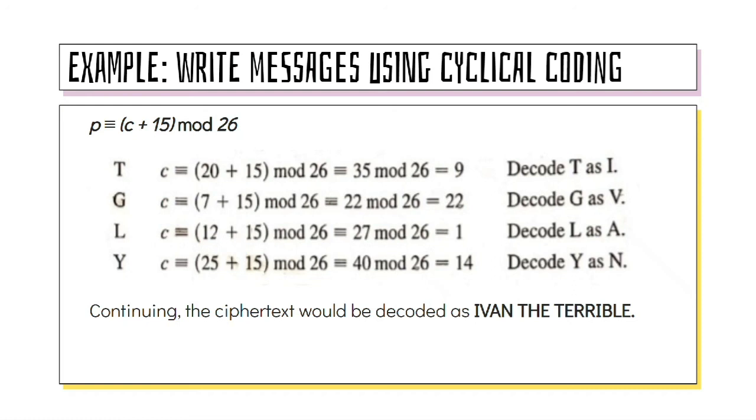Okay? So the process is the same for them, class. The same congruence is used, but the C depends on the number of the letter, and then it is decoded. Okay?